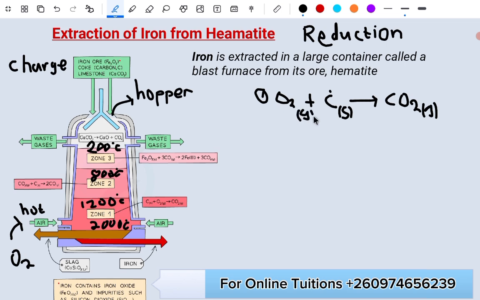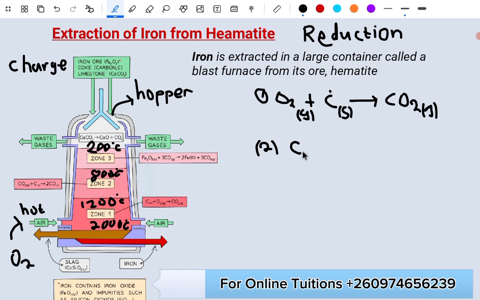So it's the first reaction that happens, and this is a reduction type of reaction. Okay, not really reduction, it's oxidation. Oxygen oxidizes carbon to this. And then the second reaction that will take place is this carbon, it's still plenty inside.